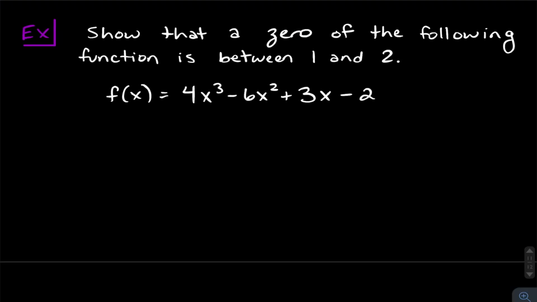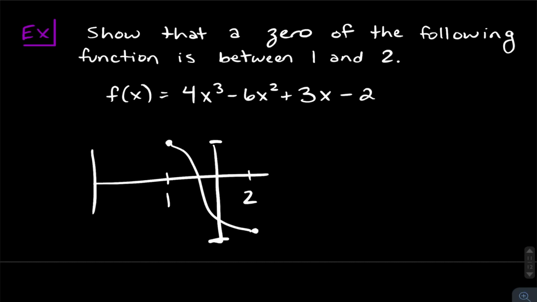So what we have here is a polynomial, and a polynomial is going to be continuous for all x values. It's completely continuous. There's no point at which the polynomial is going to stop. So what that means is that if we have some start 1 and some n2, these are two x values, and we have two y points that straddle the x-axis.